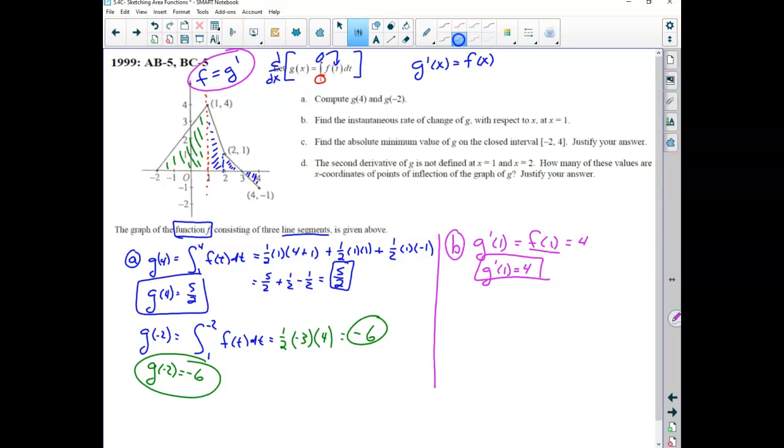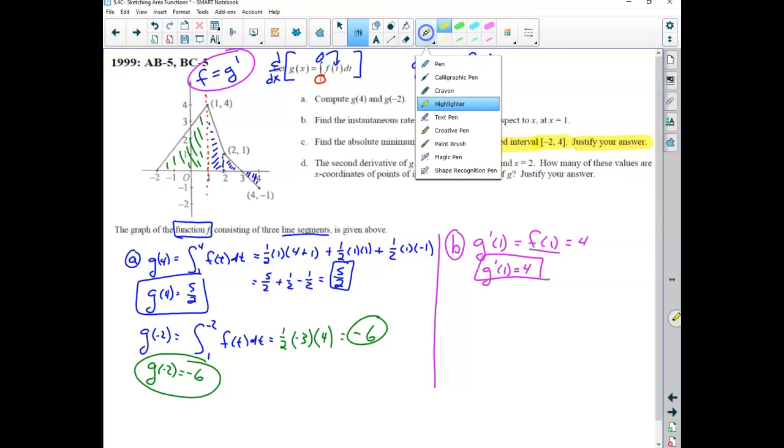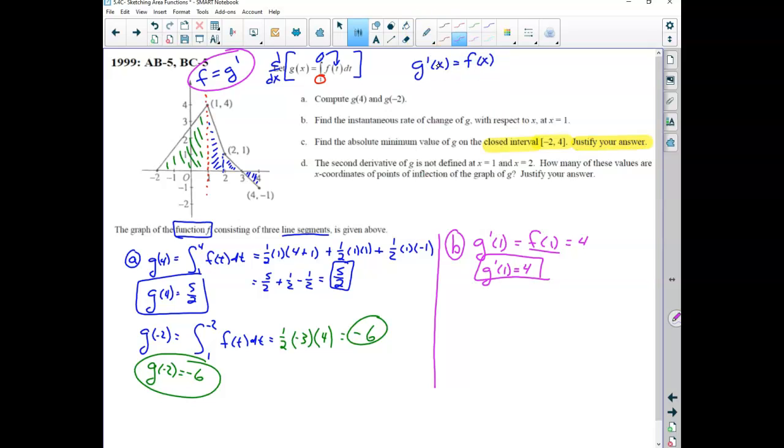Okay, number two, part C. Find the absolute minimum value of G on the closed interval, and they even said closed, interval negative 2 to 4. Justify your answer. Well, absolute minimum, this is the lowest point.